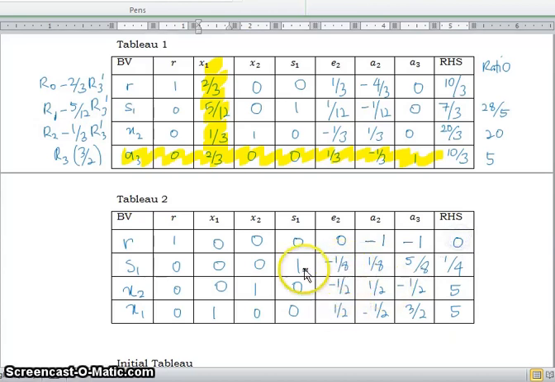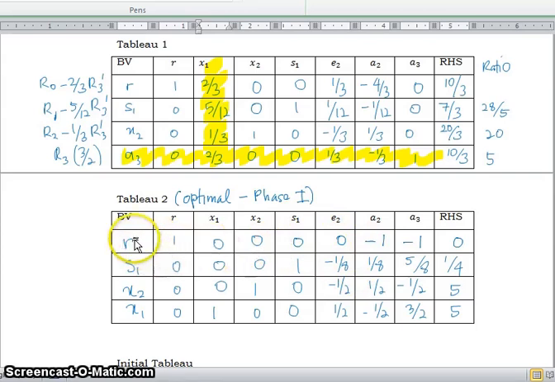Now check whether tableau 2 is the optimal tableau or not. We see no more positive coefficient in row 0. Therefore, tableau 2 is the optimal tableau in phase 1. Now check whether the problem has a solution or no solution.